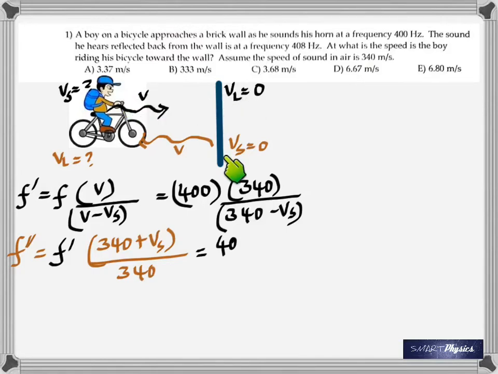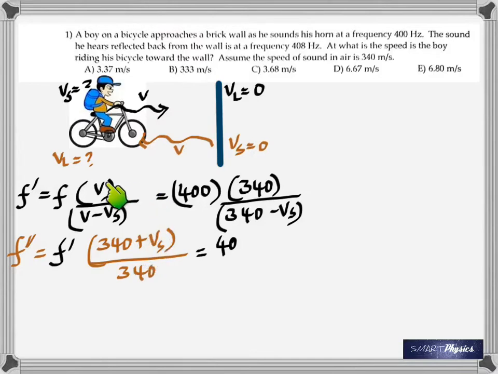So the source of sound is now at rest while the listener is moving. And now again the frequency would appear to go up, and so in the numerator you are going to have addition.